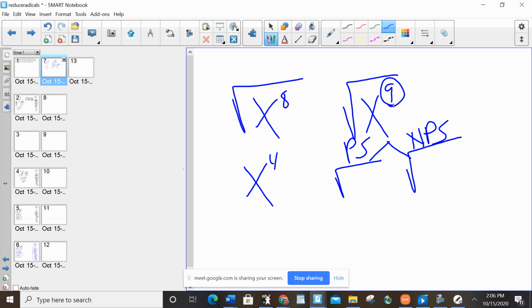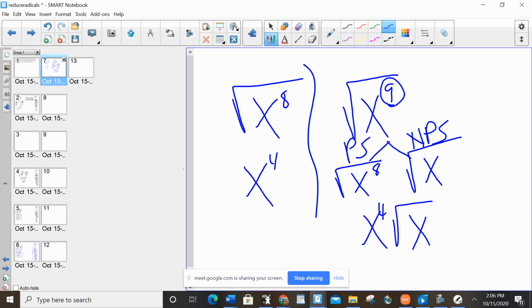So x to the 9th isn't a perfect square, so I can drop it down to x to the 8th. That's a perfect square that goes into it. Since there's an x left over, that leftover x is going to go in the non-perfect square. Now, the square root of x to the 8th is x to the 4th, and the non-perfect square x just comes down.